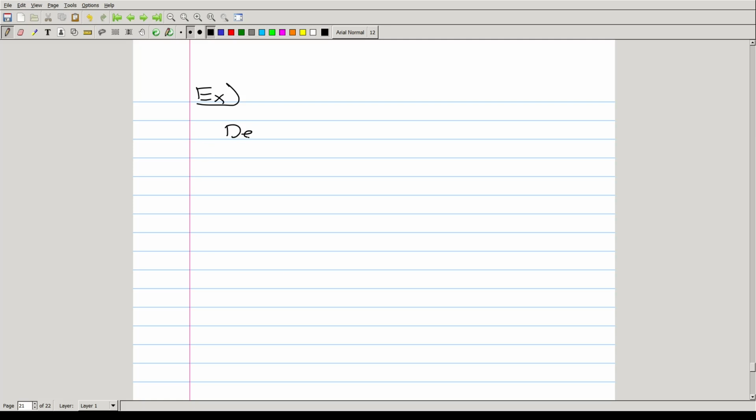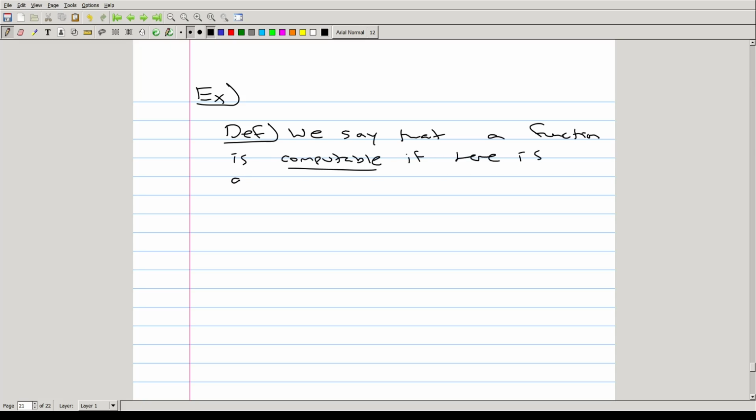So we can define and say that a function is computable if there is a computer program in some programming language that can find the values of this function.